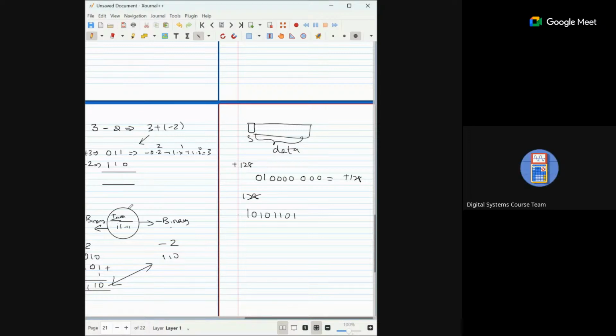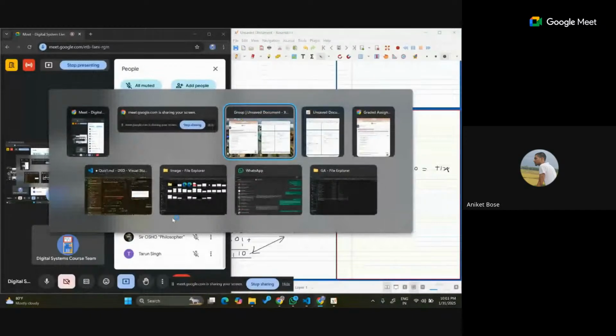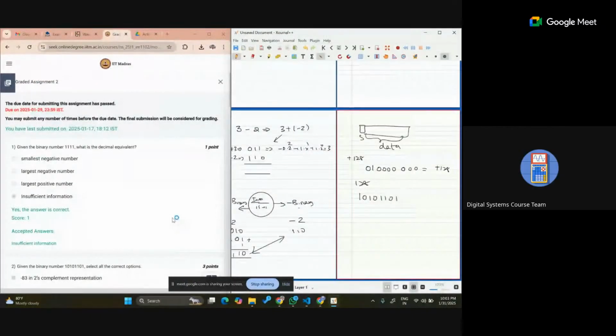In the previous question, question number 1, what is 1111? 1111 is the largest binary negative number if I consider it as a signed 2's complement representation.